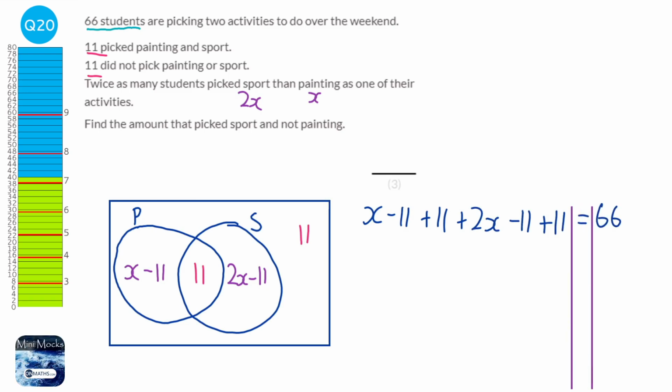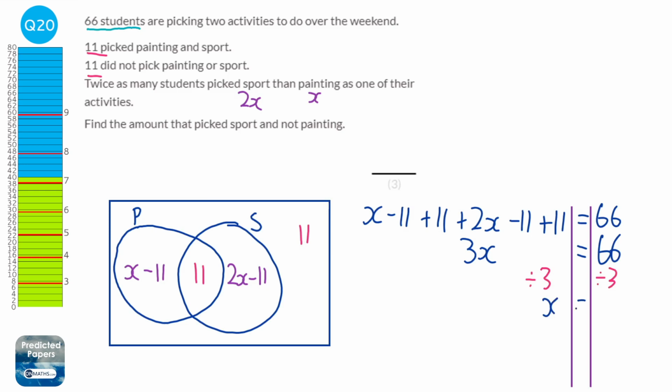This is going to be some solving, so we're just going to put our lines in. Now here we've got X plus 2X, which is 3X. And we've got minus 11 plus 11, minus 11 plus 11. Well, those just cancel out. So we're left with just the 3X equals 66. I'm going to divide that 3 both sides.